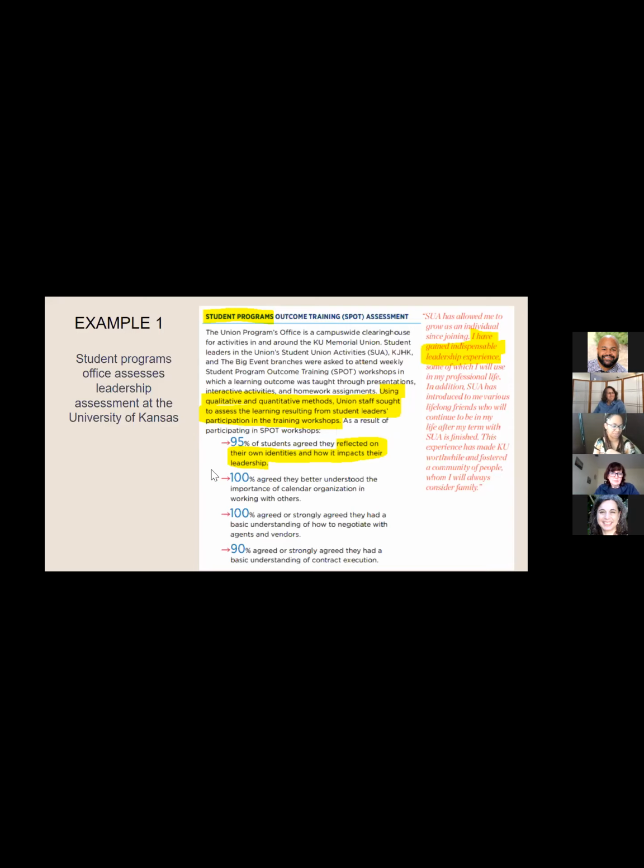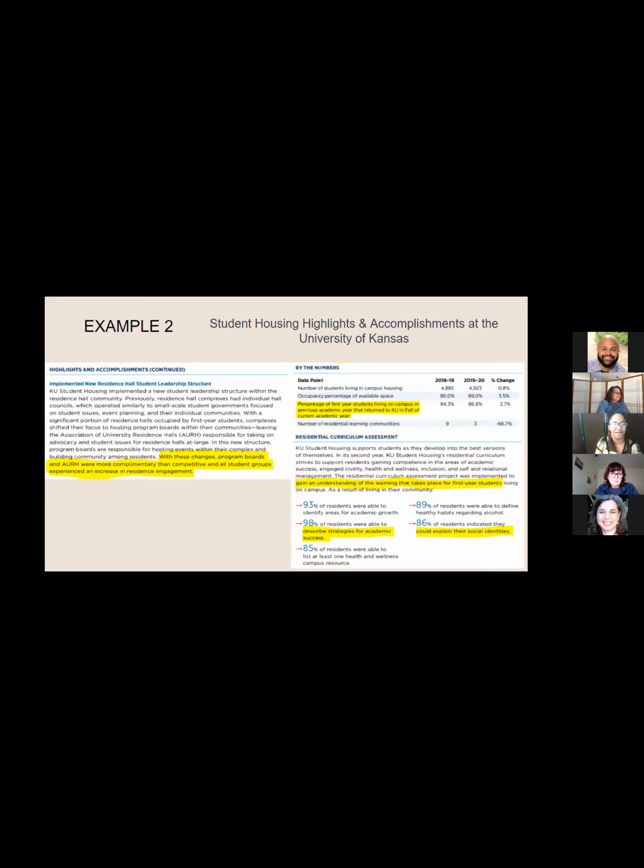We'll move to the next one. This is a very multifaceted report from their housing and residential life area. Housing and residential life, I know from experience, is a very multifaceted operation. So they have a whole lot of information here.